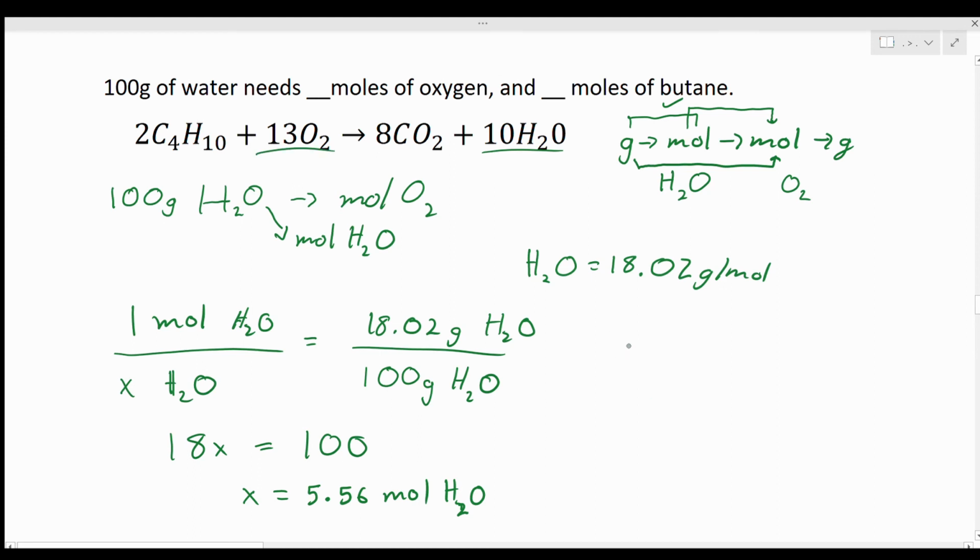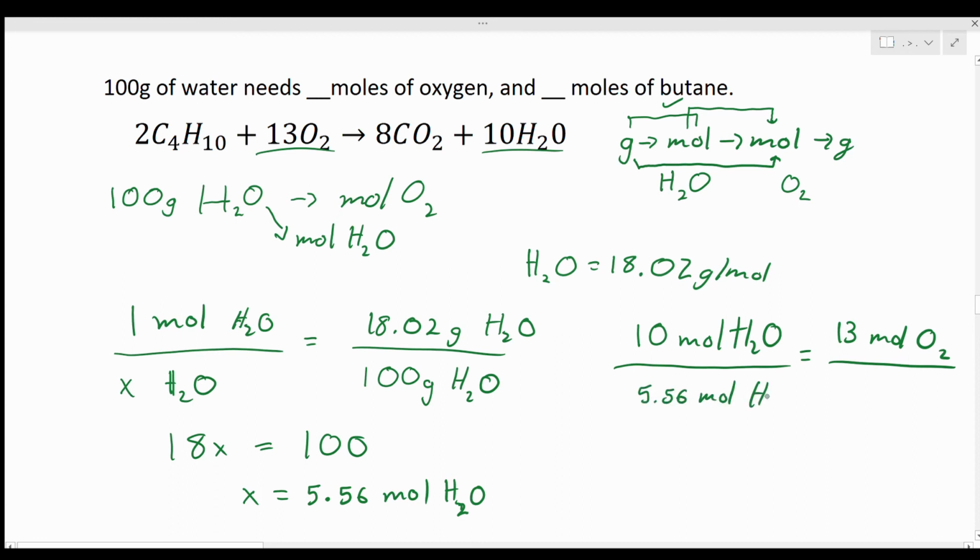We know here that 10 moles of water is made from 13 moles of O2, and we know that in the new question we have 5.56 moles of water needed to be converted into some moles of oxygen.